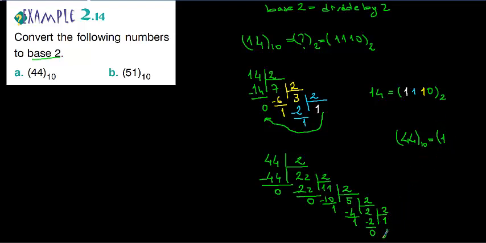Again, I'm writing from this side to this side: this number, then this number, then this number, and this number. So it is 1 0 1 1 0 0 in base 2.